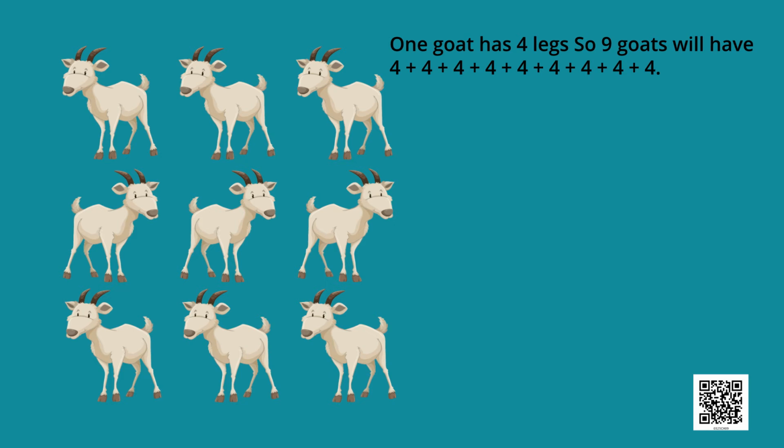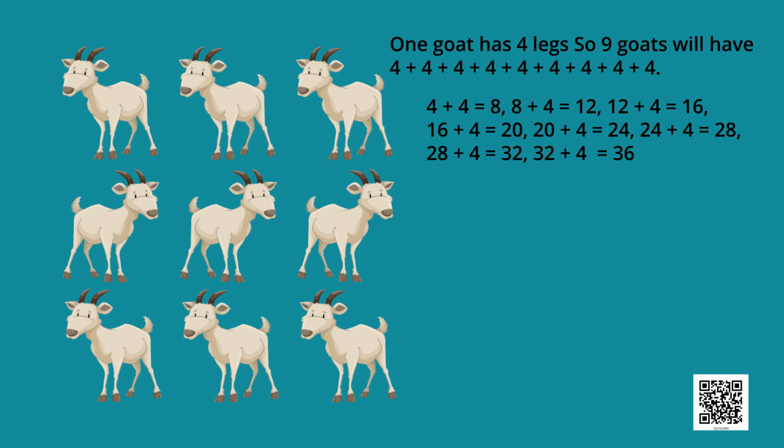Let's see what we get after adding them together. 4 plus 4 is 8. 8 plus 4 is 12. 12 plus 4 is 16. 16 plus 4 is 20. 20 plus 4 is 24. 24 plus 4 is 28. 28 plus 4 is 32. 32 plus 4 is 36. So, 9 goats will have 36 legs in total.